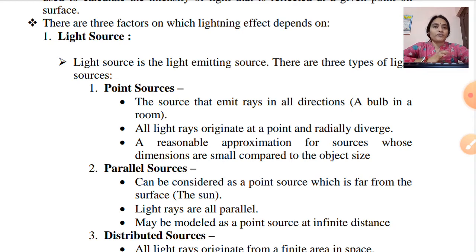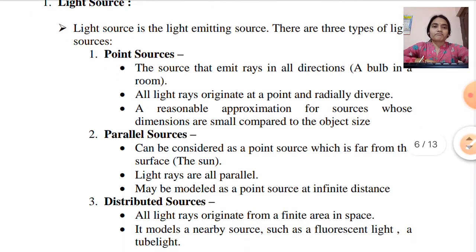Here all light rays originate at a point and radially diverge. It is a reasonable approximation for sources whose dimensions are small compared to the object size. So this one is your point source.